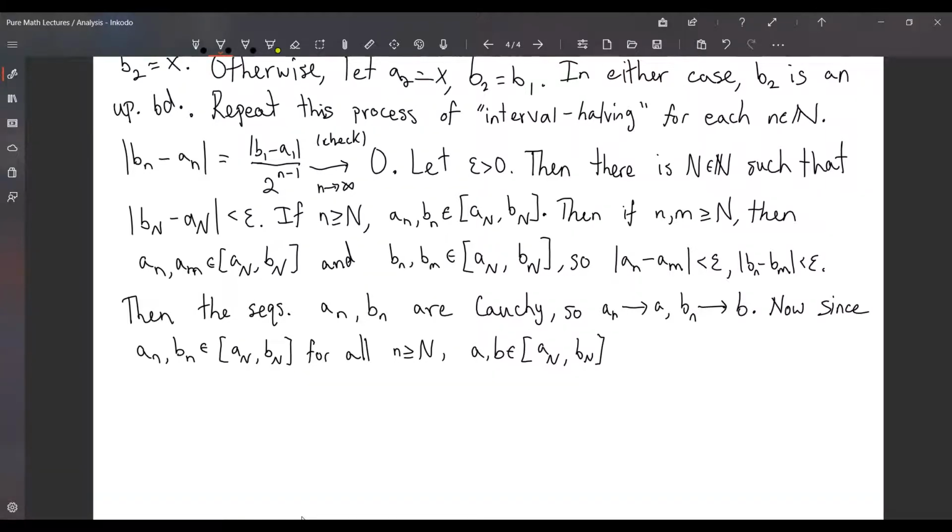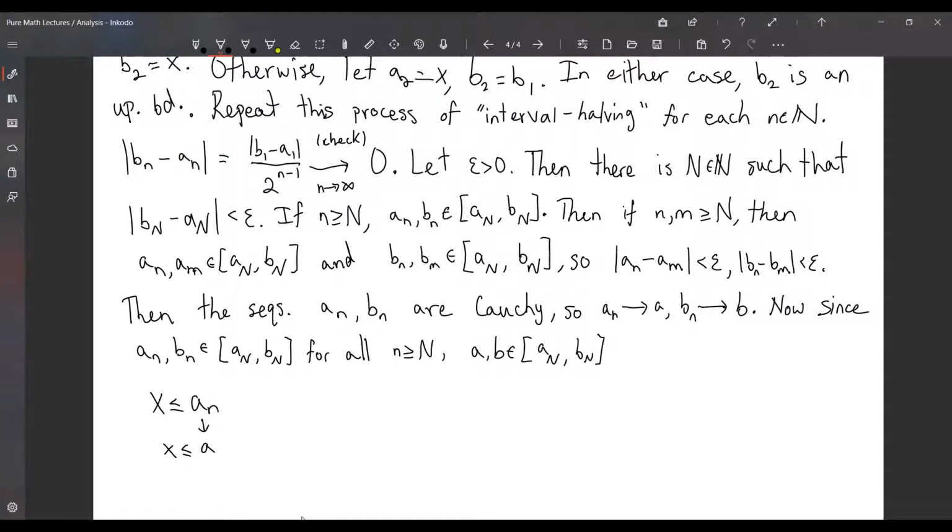But the reason this is true, by the way, is due to the fact that if you have some fixed number and you have some sequence, and all the elements of the sequence are greater than or equal to x, or at least up to a certain point, then the limit must also be bigger than or equal to x.